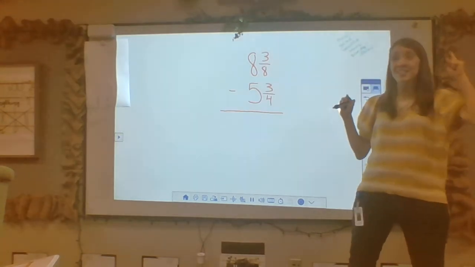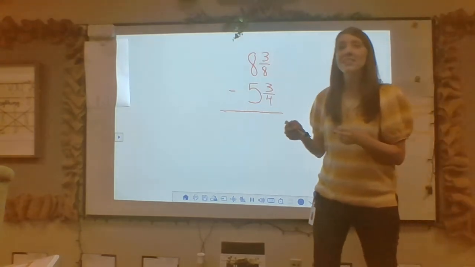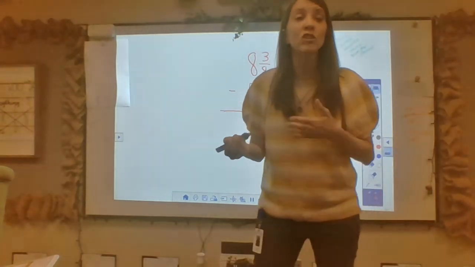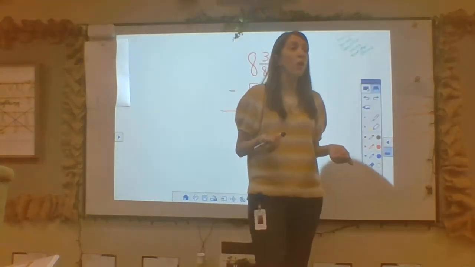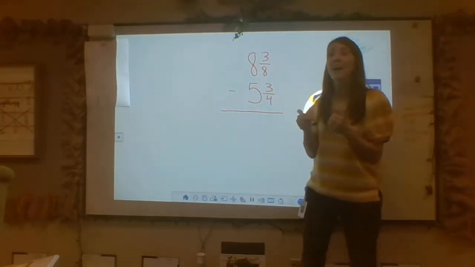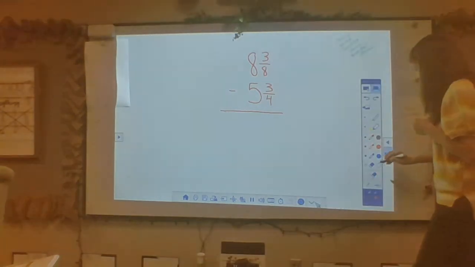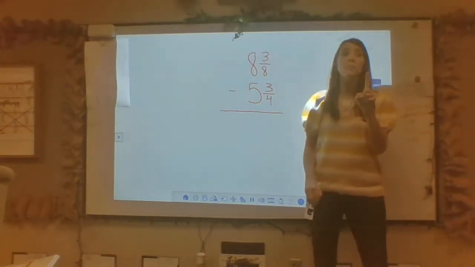Everybody should know the first step. Find a common denominator. You cannot add apples and oranges. There is no such thing as orples, oranges and apples mushed together. You have to find a common denominator, which is what? Shepherd, what's our common denominator? 8.